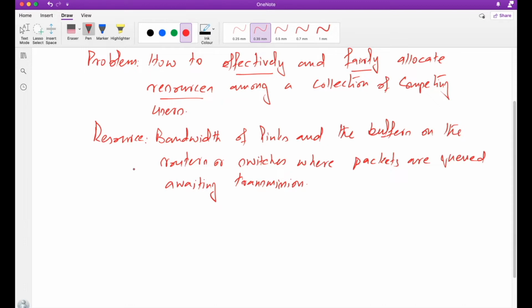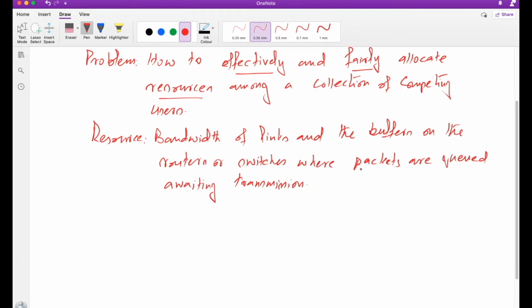Right. So we are interested in fairly and effectively allocating the bandwidth of links and the buffers on routers and switches. We are interested in this because packets contend at a router for the use of a link.